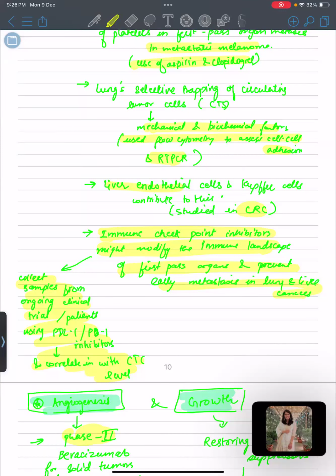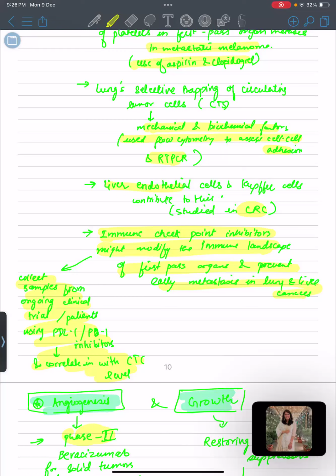Then this study was basically seeing the mechanical and biochemical factors which help in the lung-selective trapping of CTCs. What makes lungs better at trapping these particles and progressing those tumor cells into tumorigenesis or metastasis?